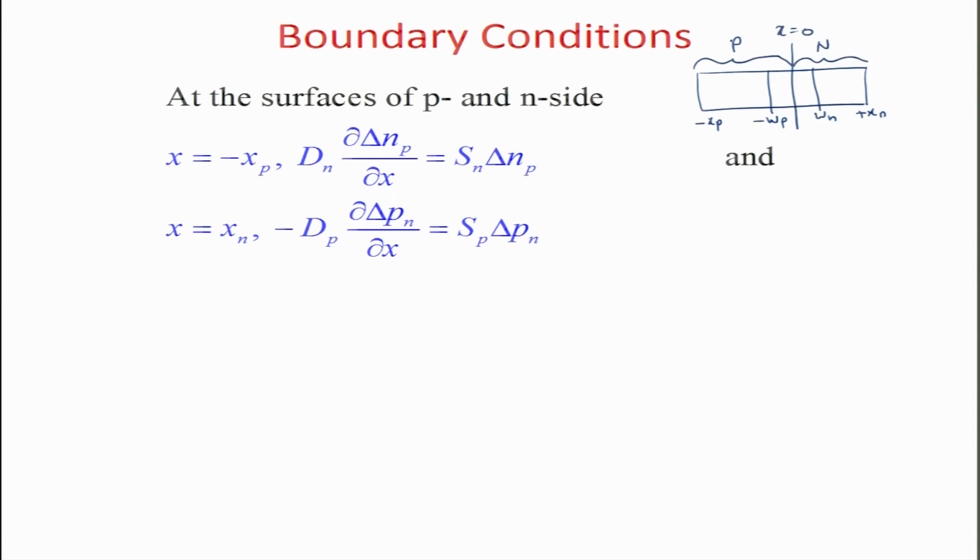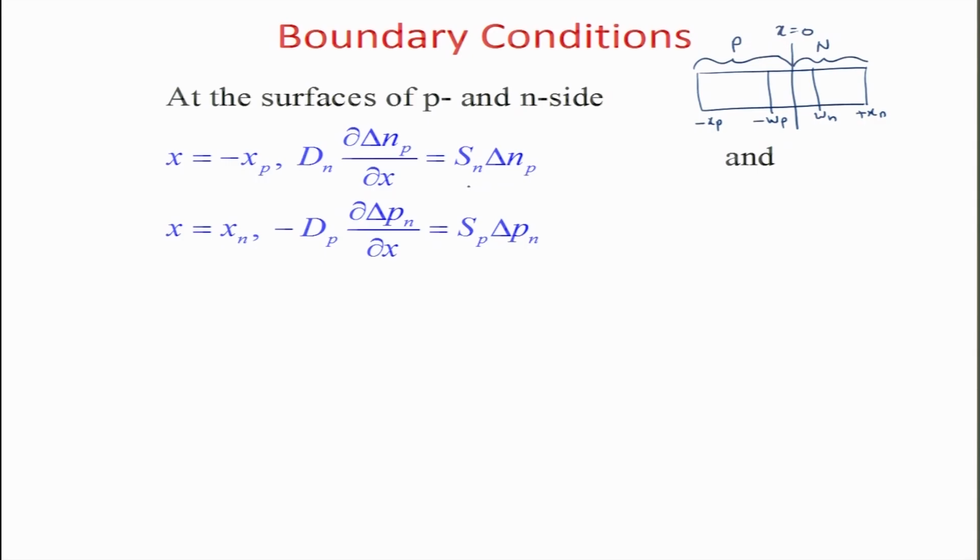Okay. So, at x is equal to minus xp, the surface, when you have a surface, the carriers go to the surface because of the presence of dangling bonds and other surface defects, so there is surface recombination. At the surfaces of the P and N side, the diffusive component, the diffusion current due to the perturbation of charges, D_n del of delta n by dx, is equal to the surface recombination, that is Sn into delta Np.